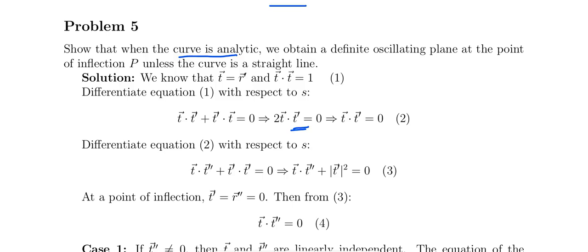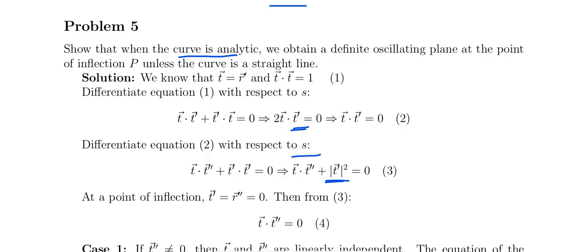Okay. So differentiate 2 with respect to s once again. Then what happens: t vector dot t double dash plus t dash dot t dash, and t dash dot t dash becomes mod of t dash vector square.